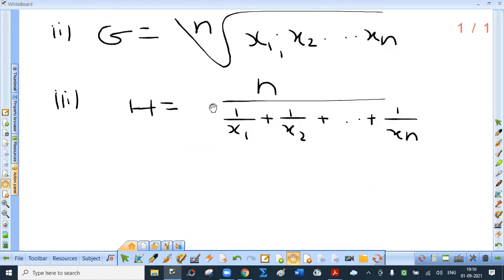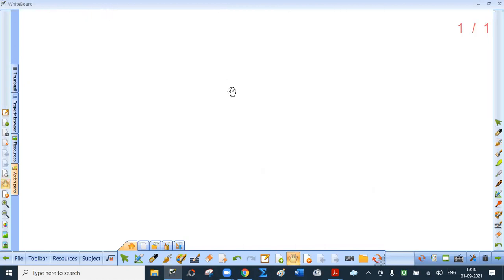Now the last part, then we can solve sums on harmonic progression and the three means. We are going to prove two important results. Suppose A, G, H are the arithmetic mean, geometric mean, and harmonic mean of two positive numbers respectively.